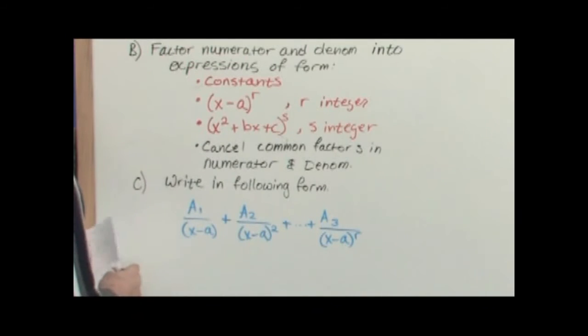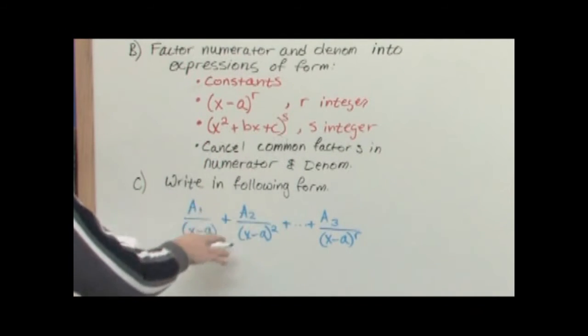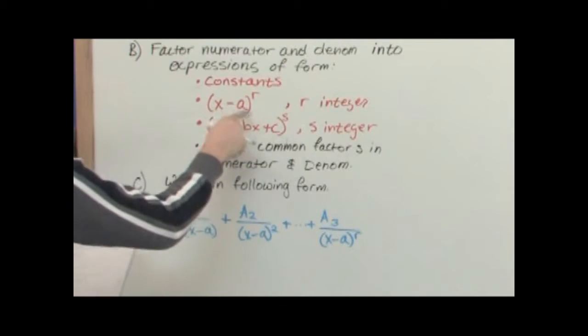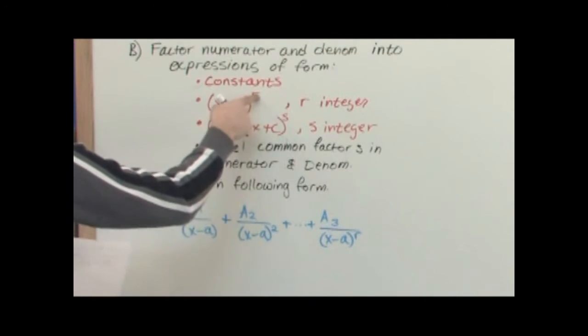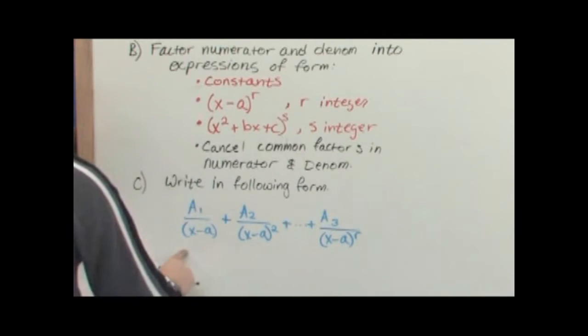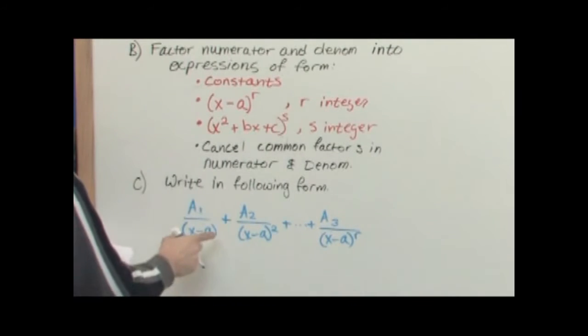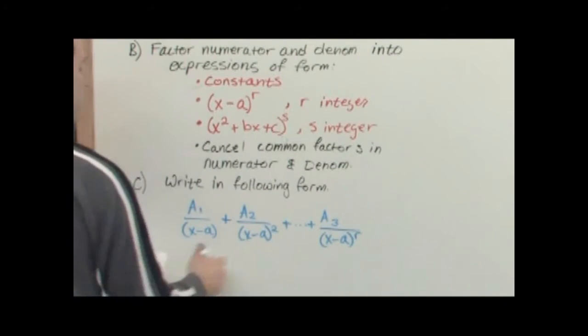Okay, so basically, when you factor the bottom, you're going to factor into forms that look like this. If you get some (x minus a) to the power of 2, then in the final answer of what you're trying to expand it into, you're going to have an x minus a and (x minus a) squared. Okay?